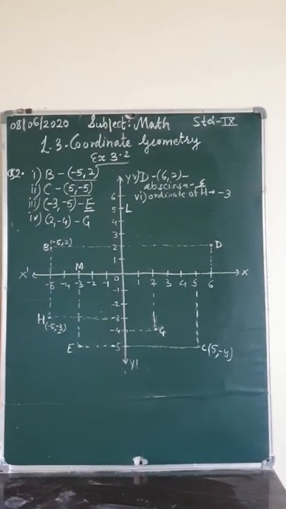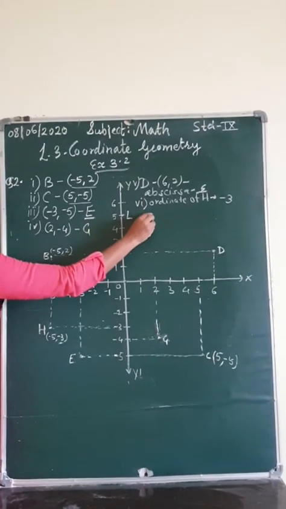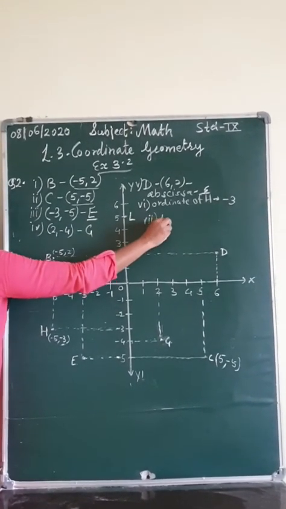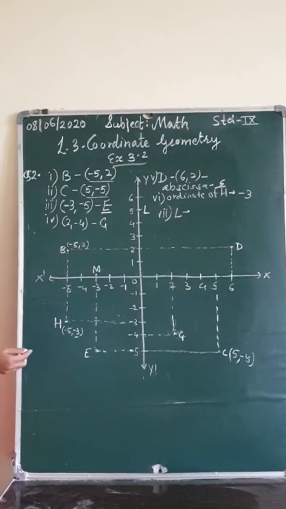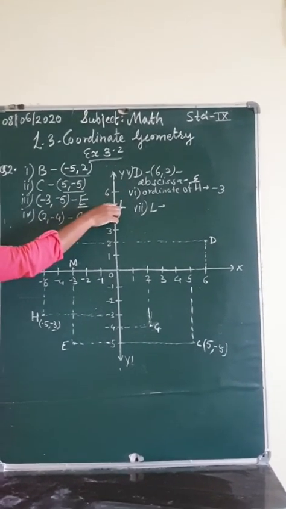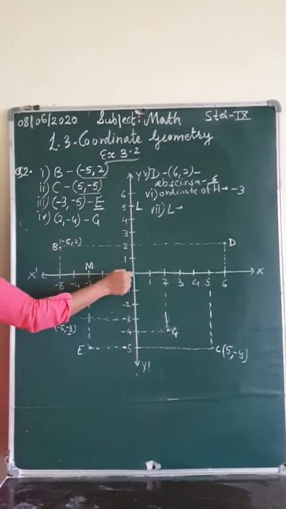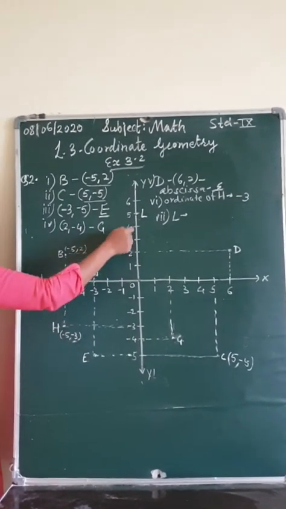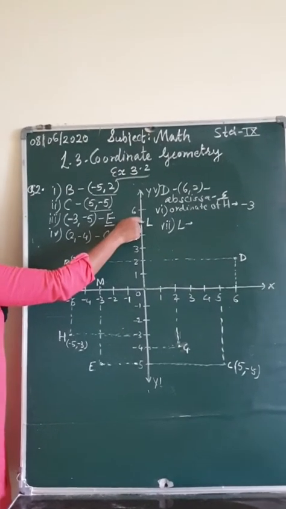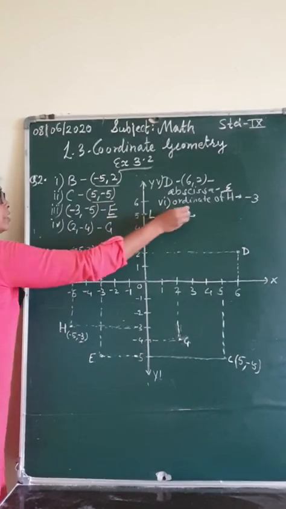Next is coordinate of point L. So where is L? You can see here L. It is on y-axis. It means how far vertically away? It is away 5 units. But how far horizontally away? 0.